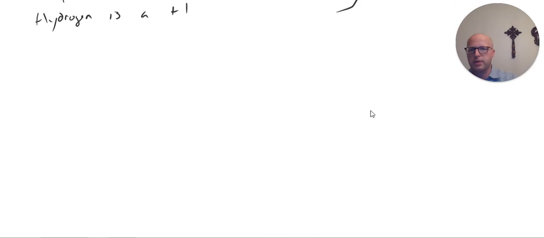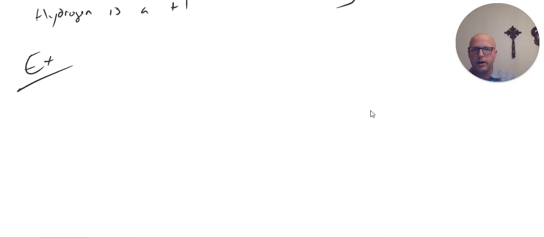Let's look at a couple examples here. Let's say we have water, H2O. This is a molecule, so it has an overall charge of 0. It's not a charged particle, this is not an ion. But there is an unequal sharing of electrons. If we draw its loose dot structure, this is kind of what it looks like. And what we know is that oxygen hogs the electrons more than hydrogen does.